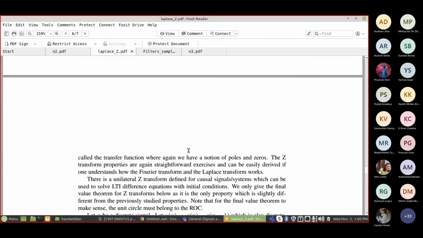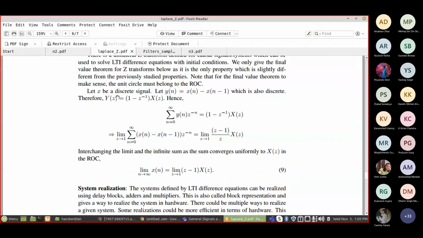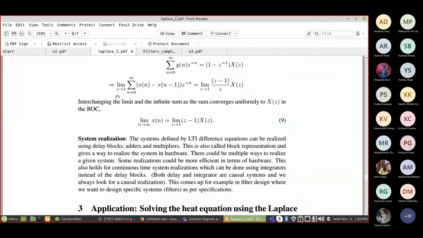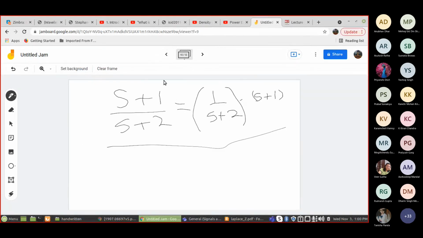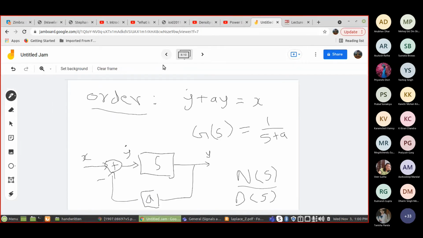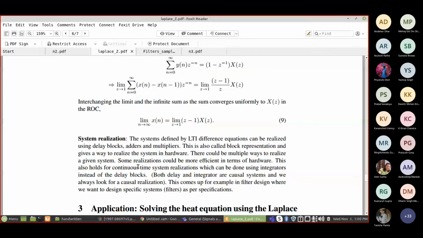This is also there. So realizations, yes, you can do realizations using delays instead of integrators. So here we use operators, and in place of that you just put delays. And using delays, adders, and multipliers, you can realize rational functions in the discrete domain, I mean the Z transform.